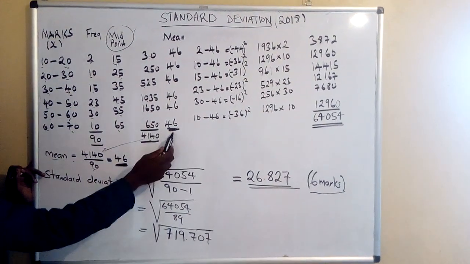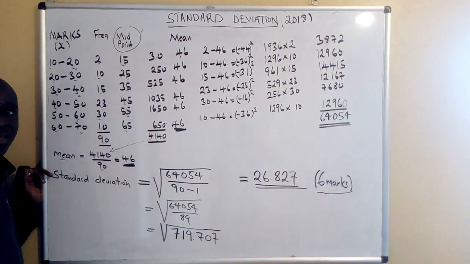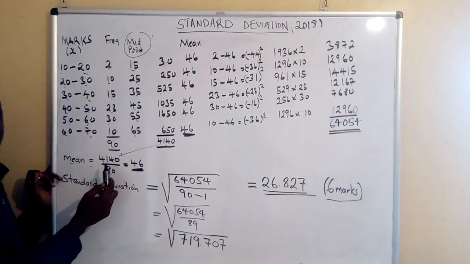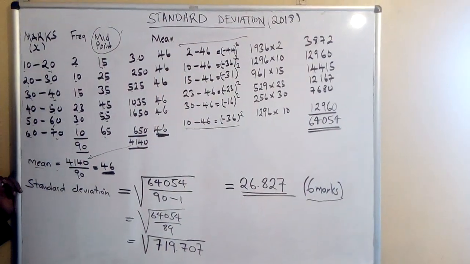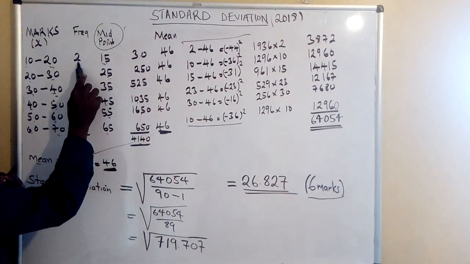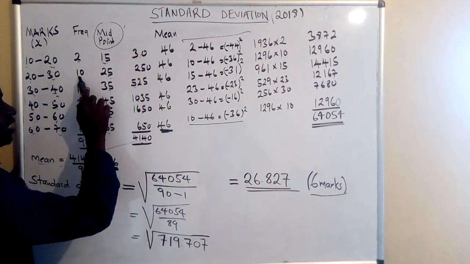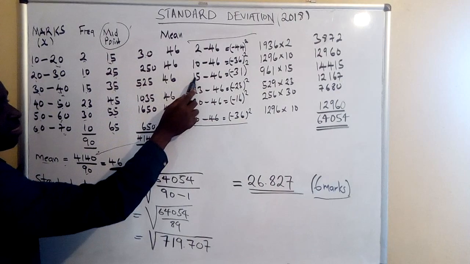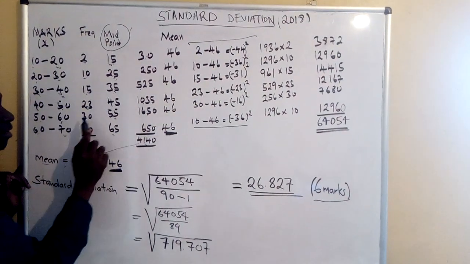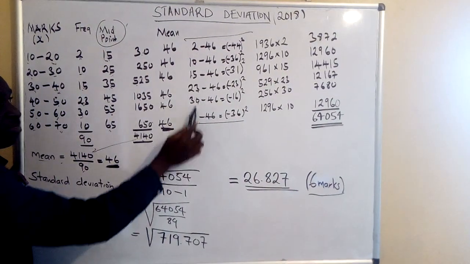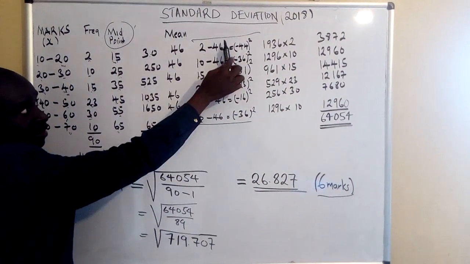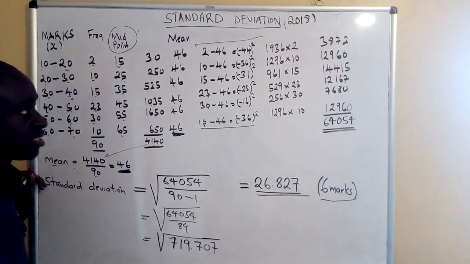Once we've gotten the mean, we begin to subtract the mean from the respective midpoints, which is this part. As you can see, 2, which is the 2 there, the 10 there, the 15 there, the 23 there, the 30 there, the 10 there. These values we're subtracting from the mean, which is 46.